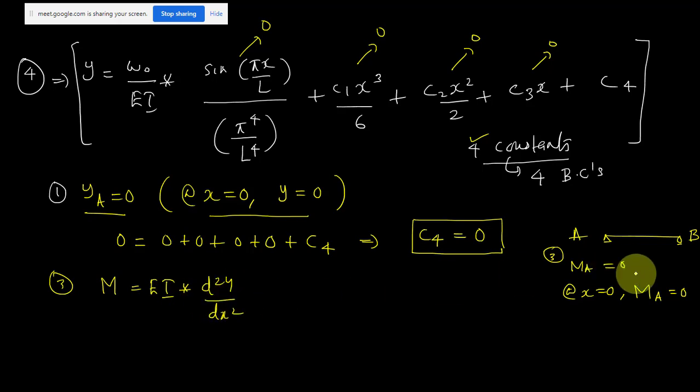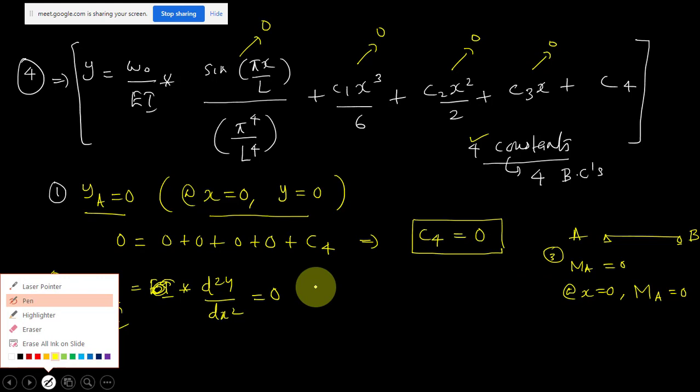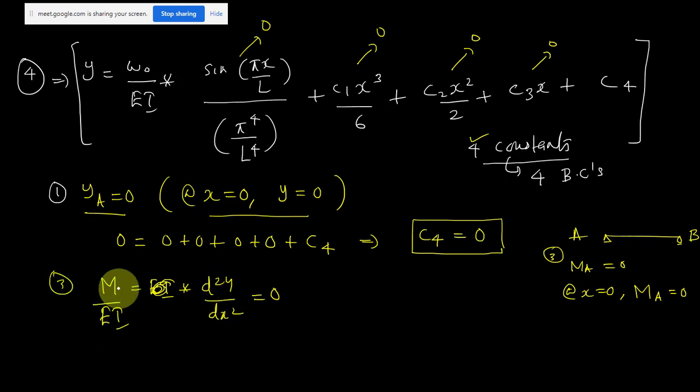Okay, m by EI is equal to d square y by dx square. When the moment is 0, your d square y by dx square will be equal to 0, because d square y by dx square equals m by EI. So the moment being 0 means d square y by dx square is going to be 0.